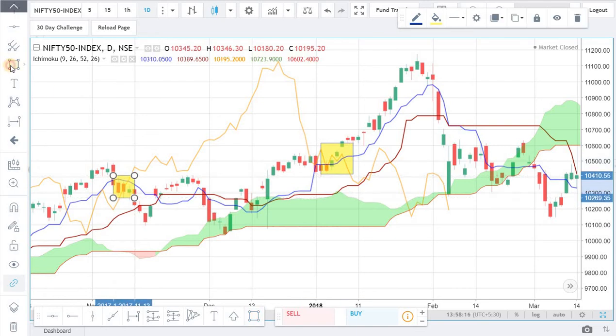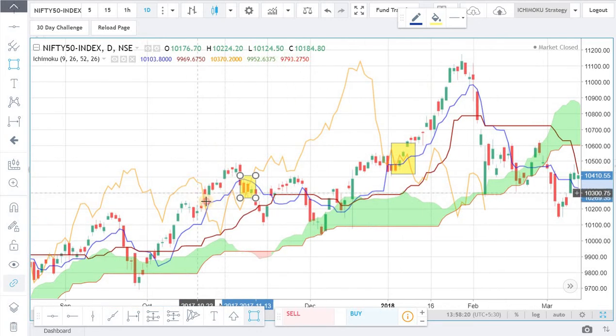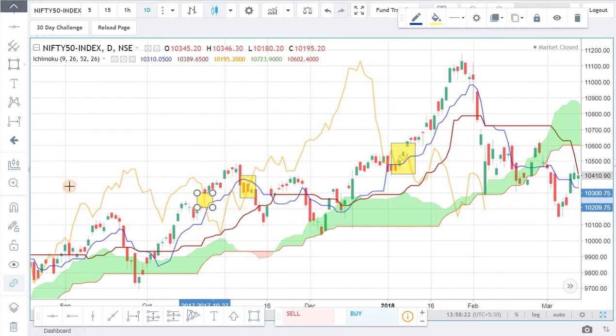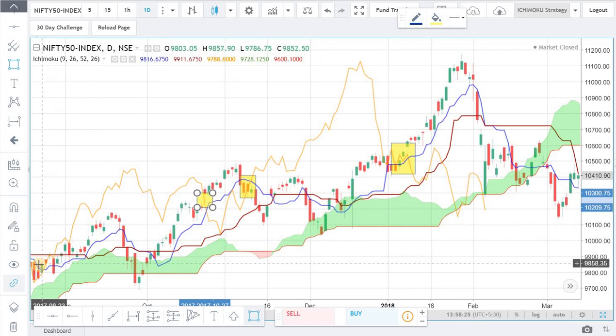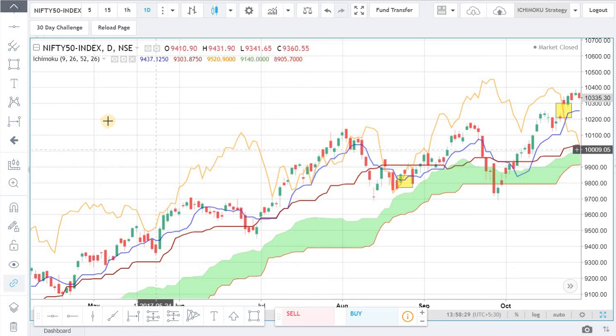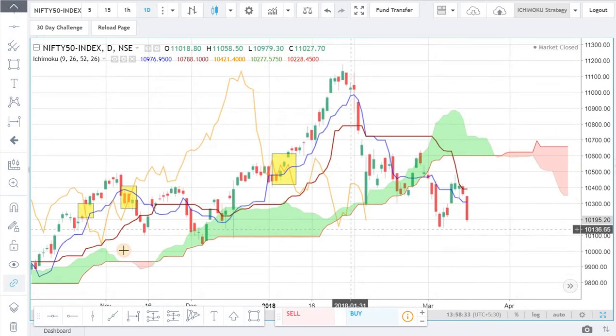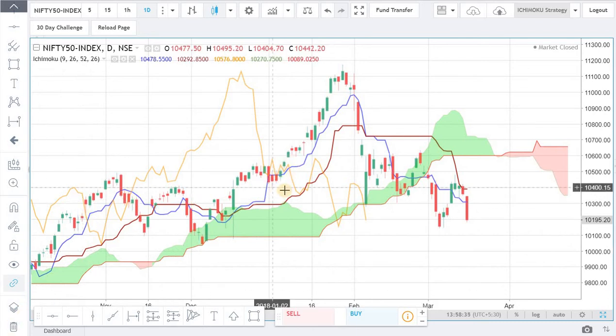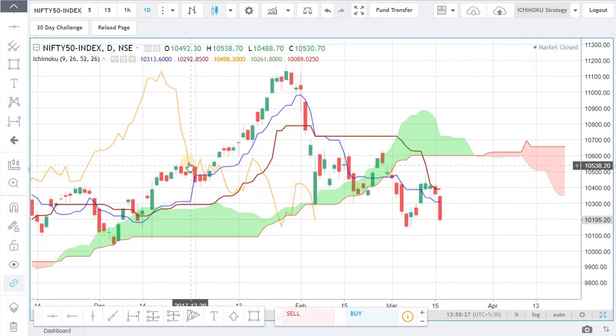Another area where it crosses price, and another. In several areas like that, where it crosses price. So these are other indications that you can look for with regards to the lagging line and price.